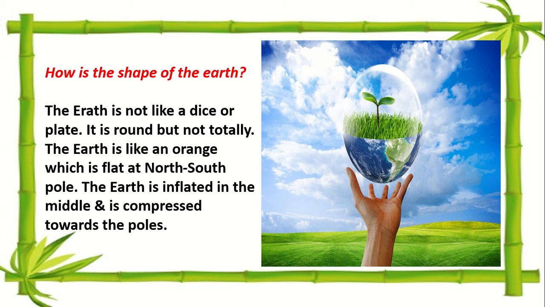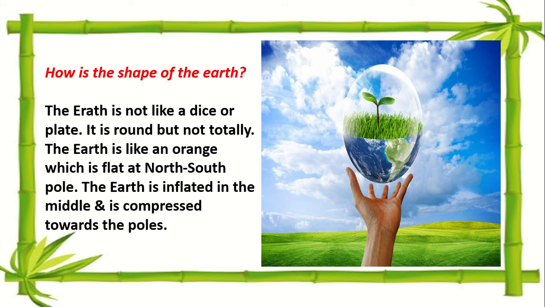That means middle part is expanded. And the other two parts are compressed. So, our earth is like an orange which is flat at north-south pole. The earth is inflated or expanded in the middle and is compressed or squeezed towards the poles.